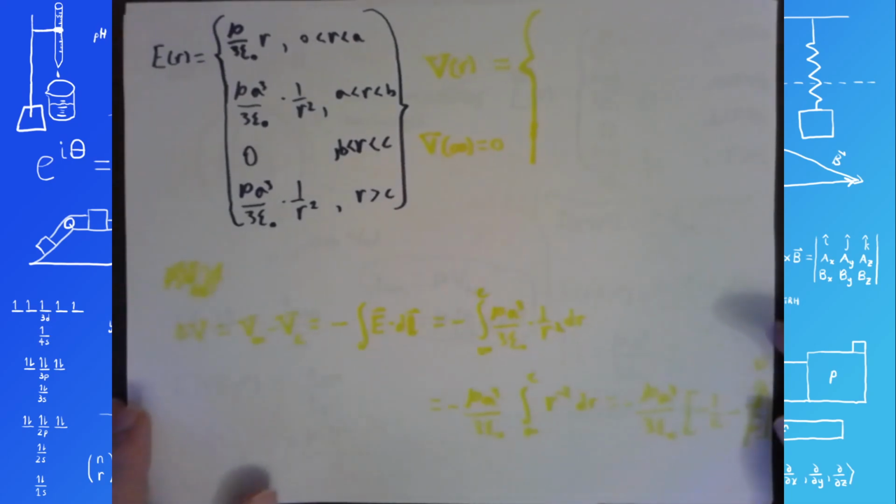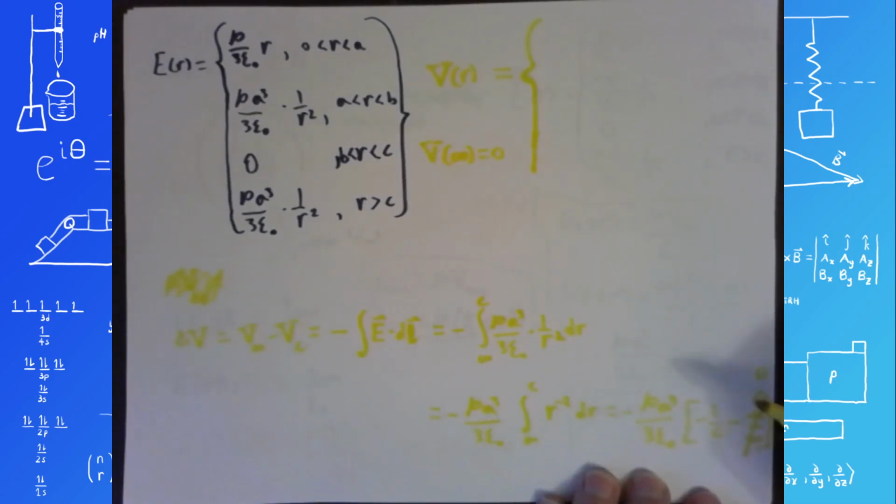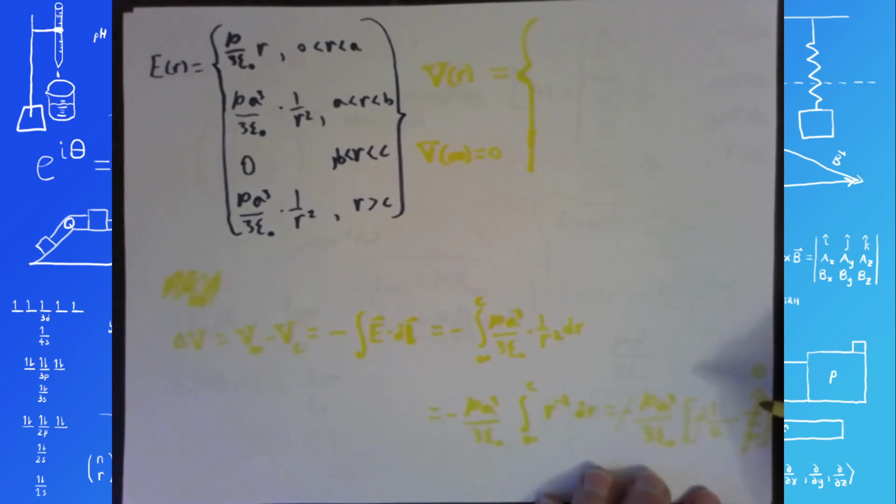We did set V of infinity equal to 0, and then these negatives will cancel out, and I will just be left with rho a cubed over 3 epsilon naught c.